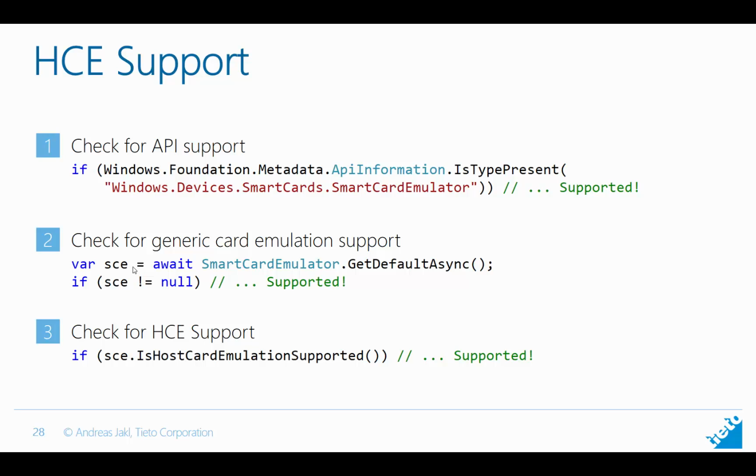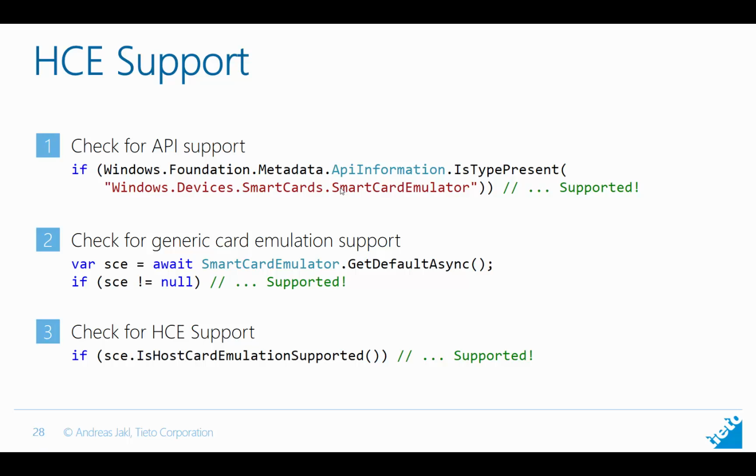And how do you actually use it? Of course, first of all, you have to check for API support. It does require new hardware. It does require the phone to have NFC if you want to use it via NFC, of course. So first of all, you have to check, is the API supported on this device at all? This is the smart card emulator in the Windows devices smart card namespace.